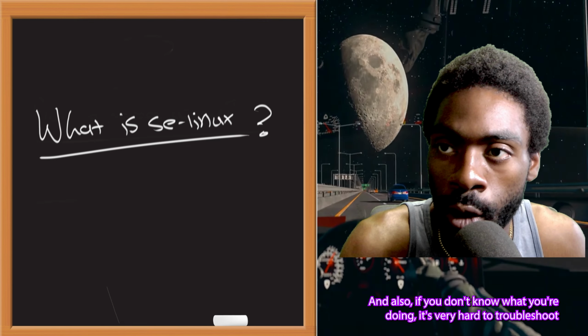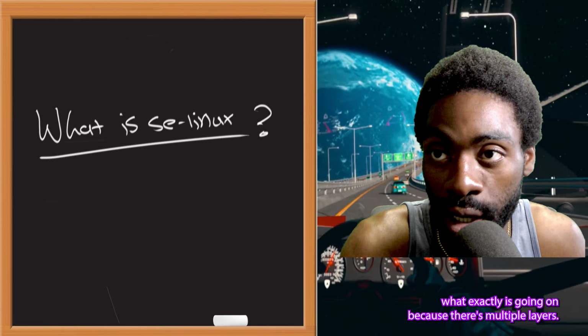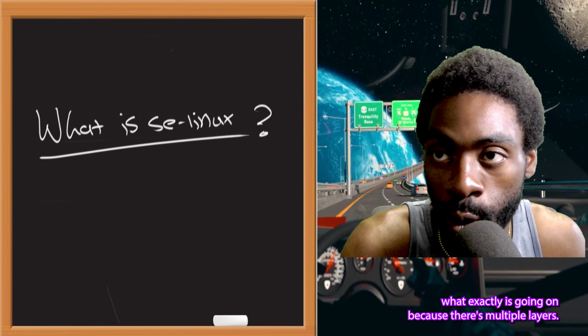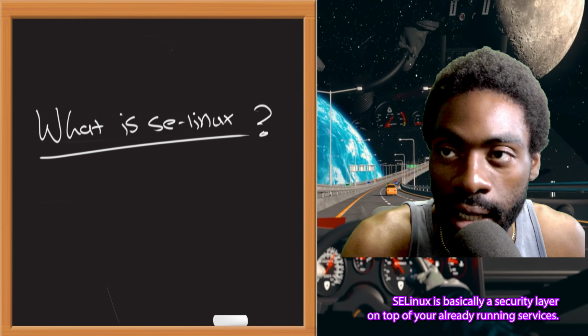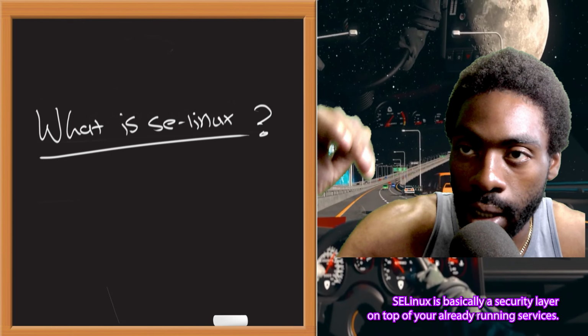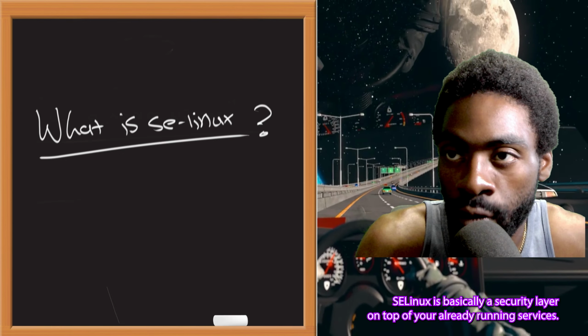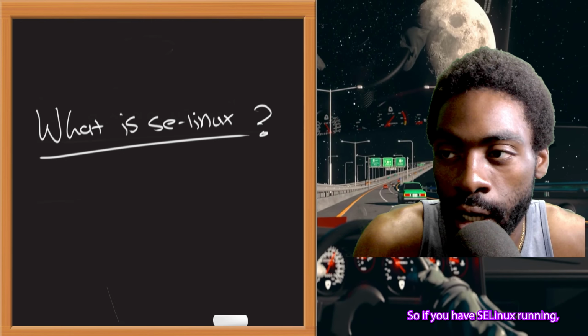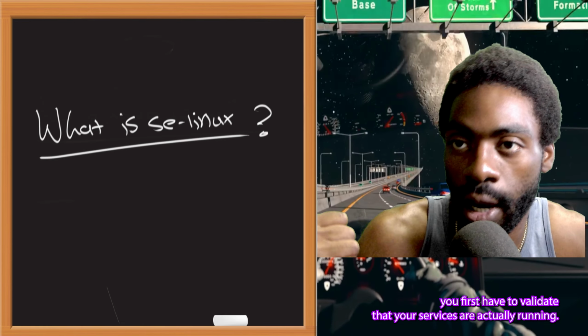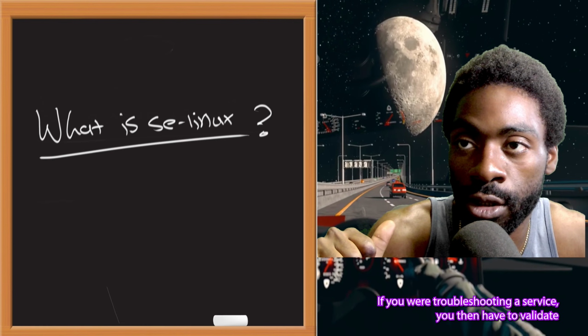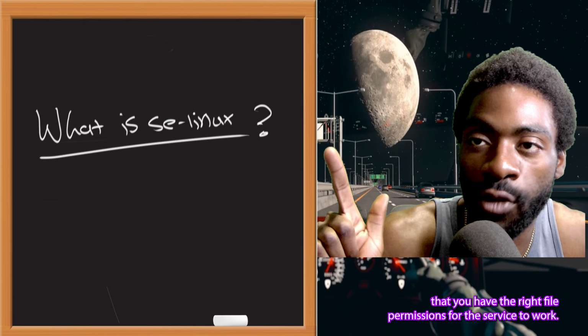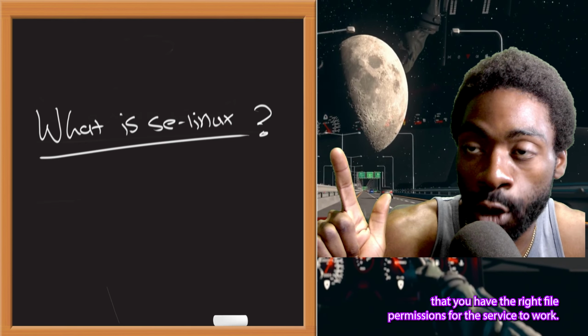And also, if you don't know what you're doing, it's very hard to troubleshoot what exactly is going on because there's multiple layers. SE Linux is basically a security layer on top of your already running services. So if you have SE Linux running, you first have to validate that your services are actually running. If you were troubleshooting a service, you then have to validate that you have the right file permissions for the service to work.